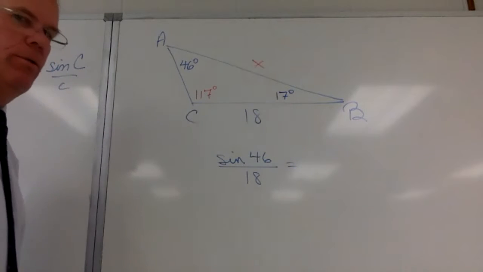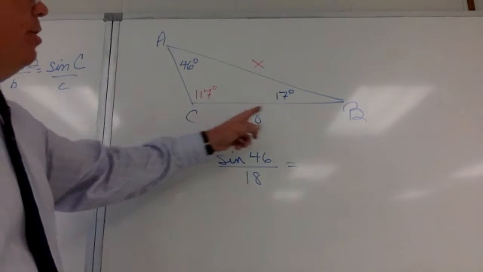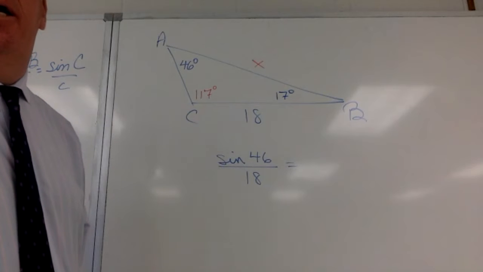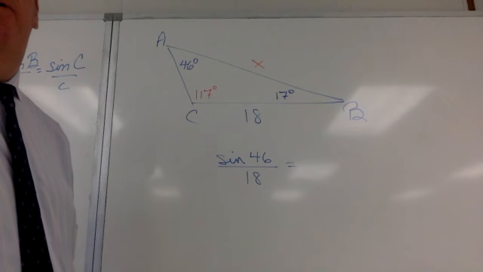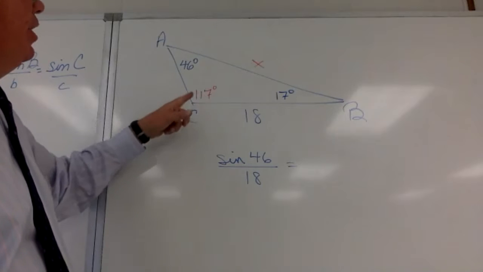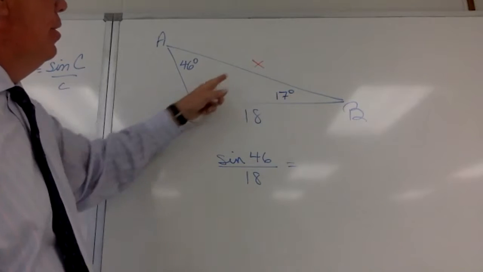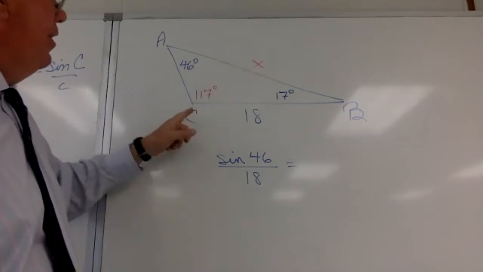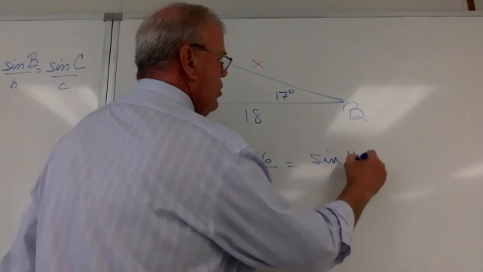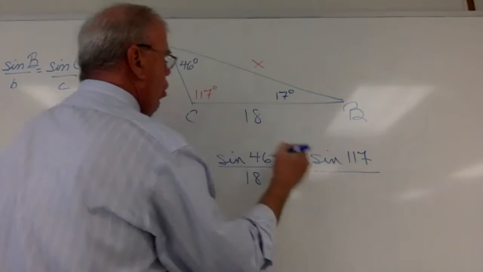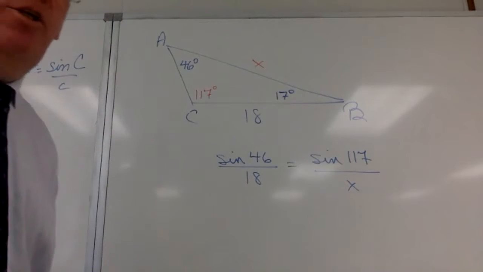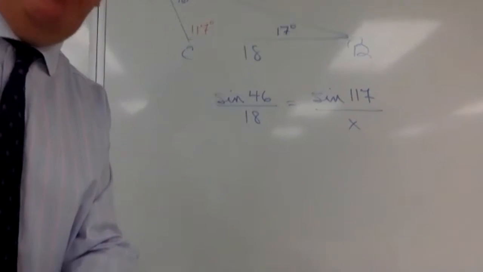What angle do I use? C or B? If I'm trying to find this side, what angle am I going to use? C. Yeah, the side opposite. So the sine of 117 over x. So that's how you set it up. Does everybody see how you set that up?